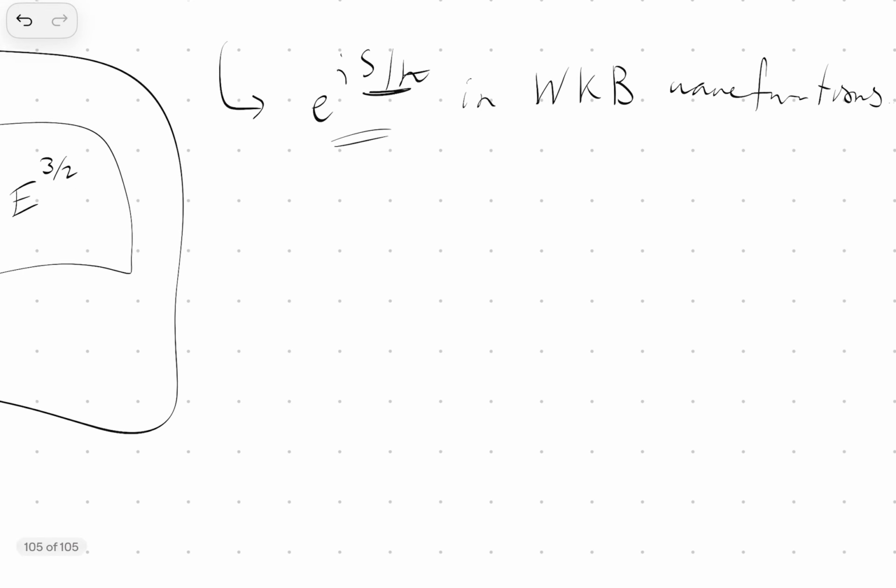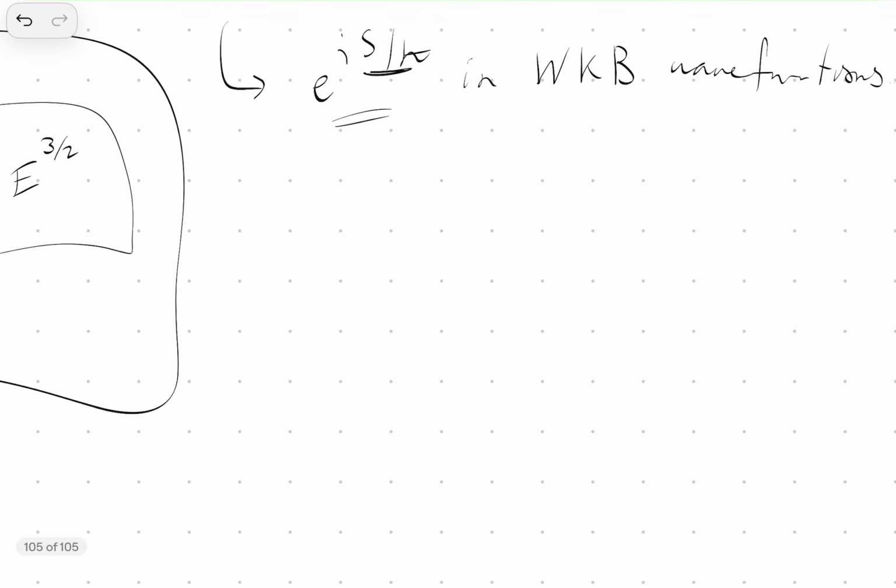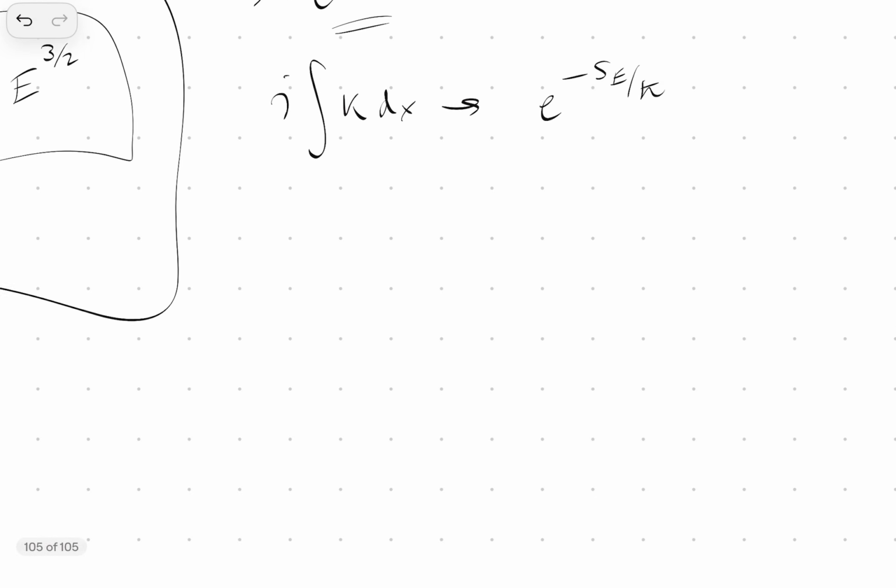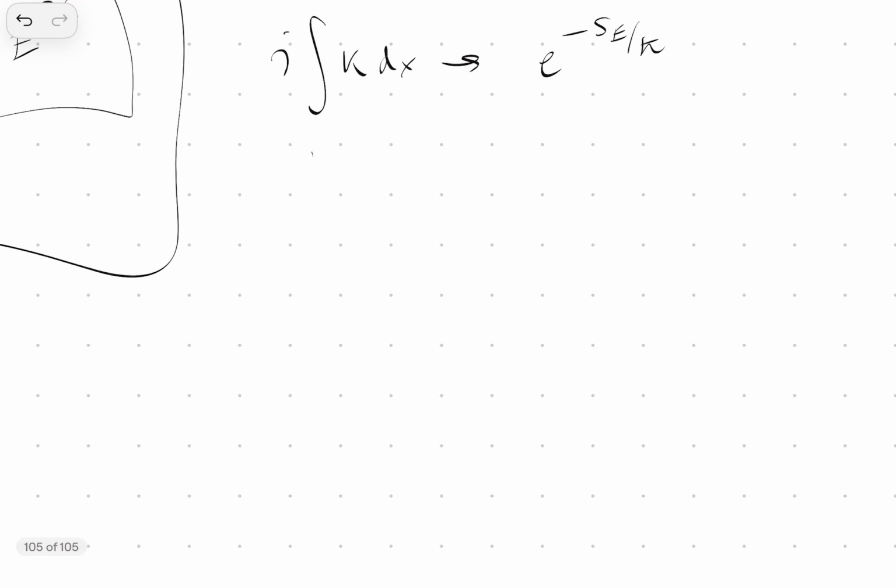Now, the imaginary action, where we just take the integral of kappa dx, gives us the tunneling suppression, and that's obtained by the analytic continuation of the classical motion. And then the closed orbit action becomes a quantization condition.